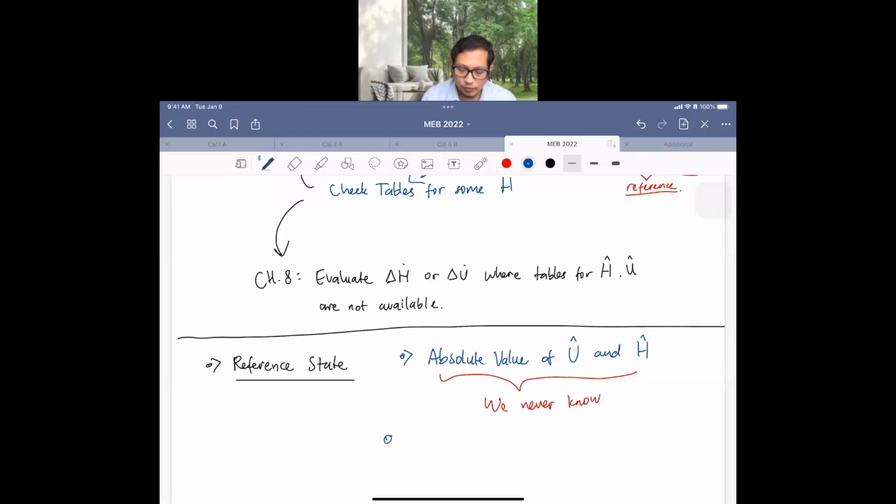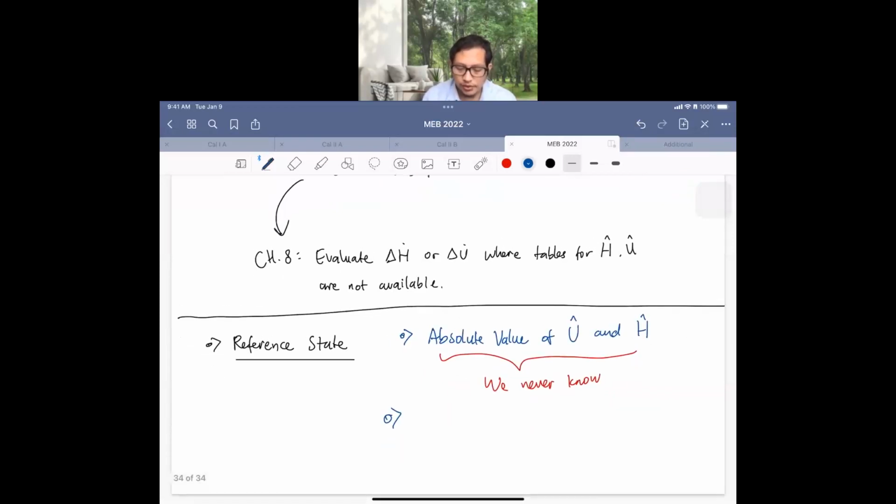But to use, measure, or determine the specific enthalpy and internal energy, we may not need absolute values at specified states.